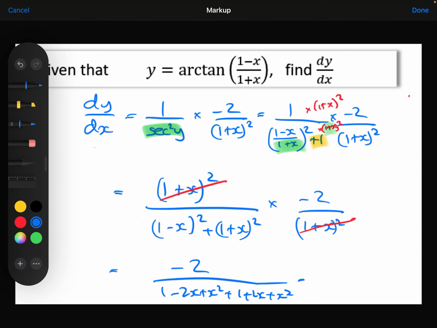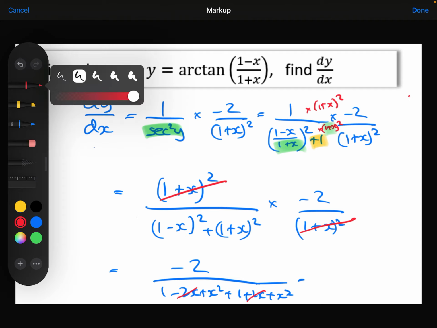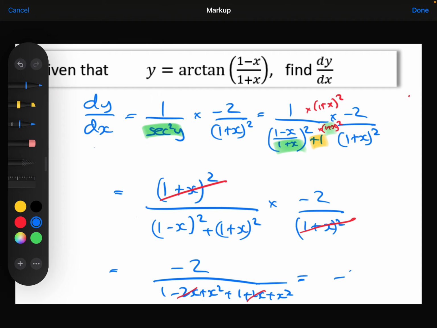The 2x's cancel, and I'm just going to get left with minus 2 over 2 plus 2x squared, or minus 1 over 1 plus x squared. And we're done.